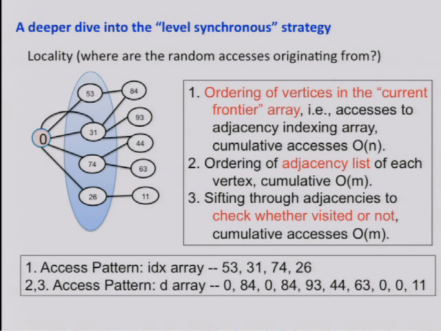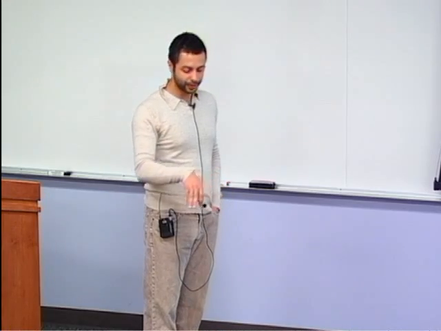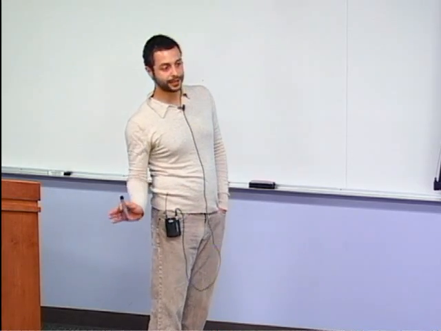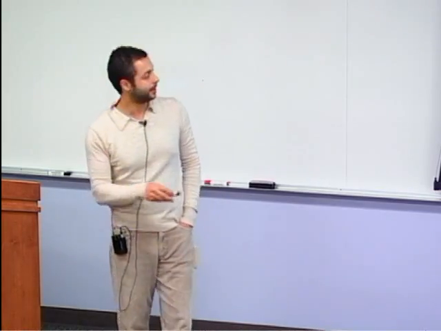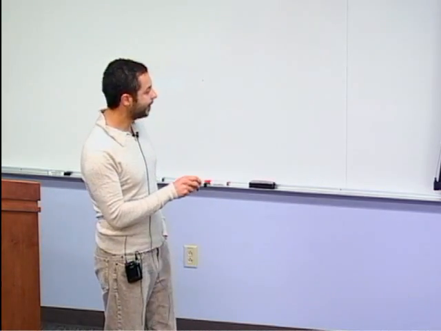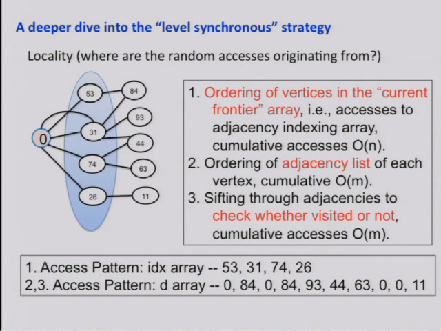The first one will be perhaps a random access. The second one will be something that we call a stanza access, because you will do a random jump somewhere in your sparse matrix, and you will make a streaming access for all the adjacencies of that vertex. So that's what we call stanza. And then later, you're going to check whether a vertex is visited or not. Unfortunately, you will check a vertex multiple times.